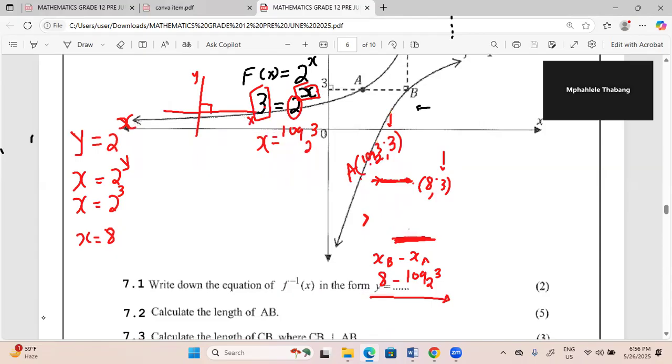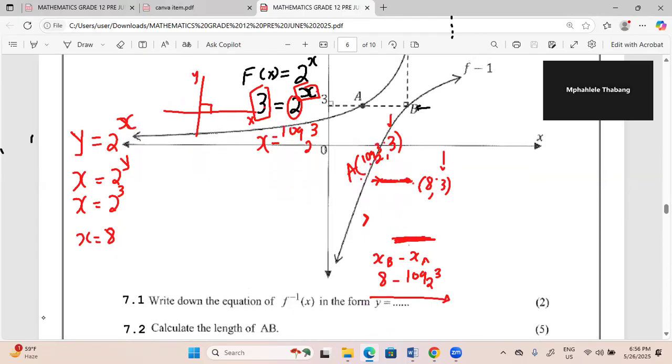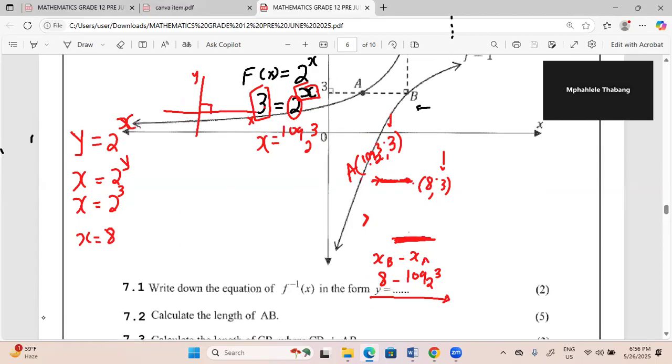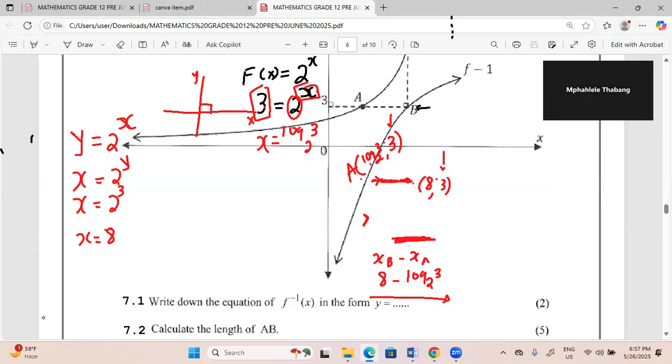I wonder how we can simplify it further, but indeed the length of AB is 8 minus log 3 base 2, because I found the coordinates of A and of B and then took x at B minus x at A. So I wonder if there is a different approach.